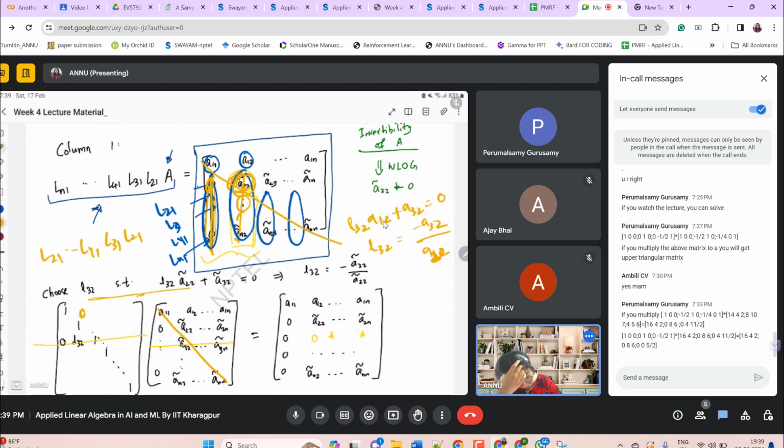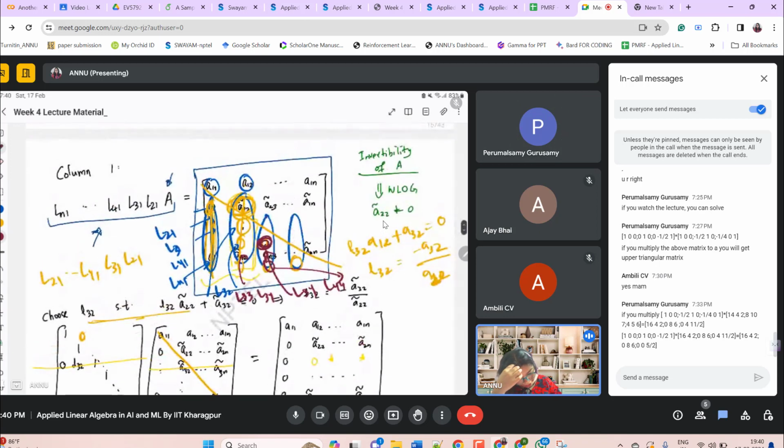Then this one we have to make 0, then this 0, this 0, and this we need to make 0. Sorry for the confusion. This is L32, then L33, and this is L34. We need to consider the upper triangle, because this is upper triangular. I was considering from this one. So this one, L34, L44.